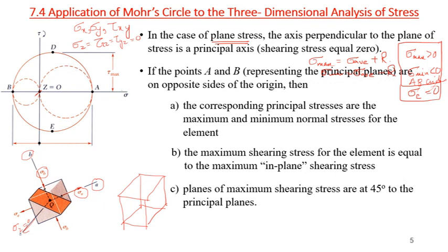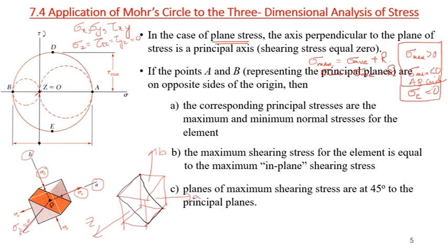Means if this is my element and this is my A principal axis, this is my B principal axis, and that is my third one, C, which is equal to Z, because we are rotating about Z for the plane stress case. So the maximum shear stress will occur if I rotate this plane 45 degrees with respect to my Z axis.